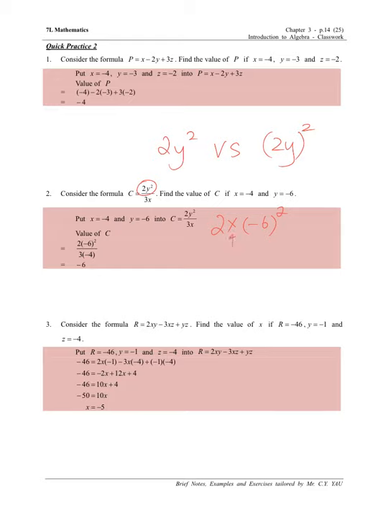So this is the multiplication sign, okay? And y equals to negative 6, so it is the whole thing to be squared. So you have to start a bracket to be squared instead of only containing the square for 6 but not the negative sign.